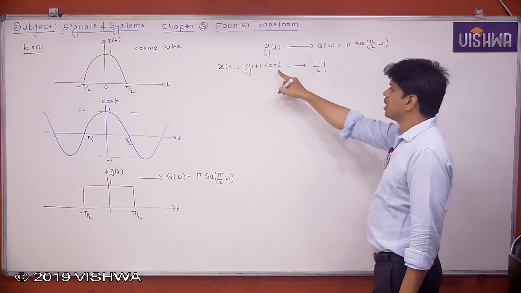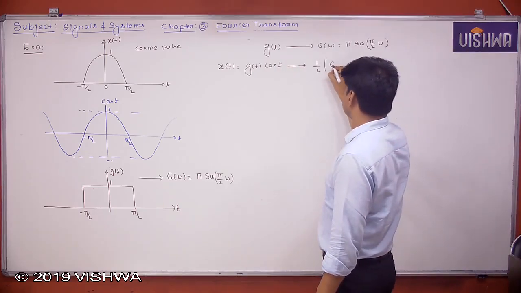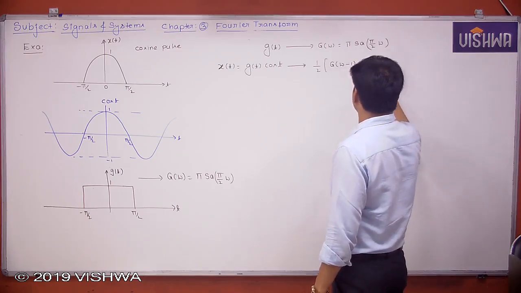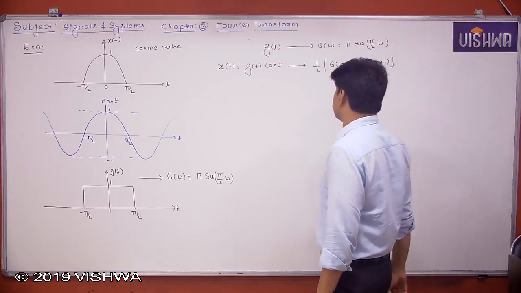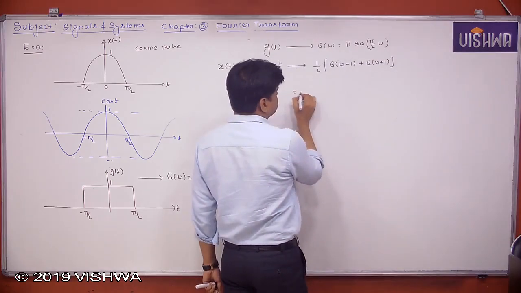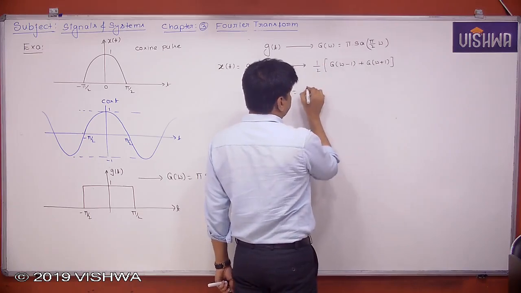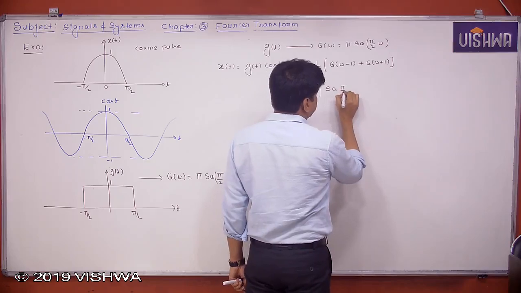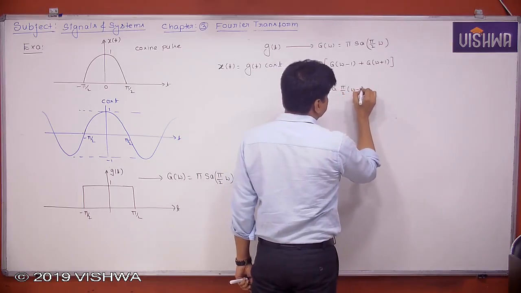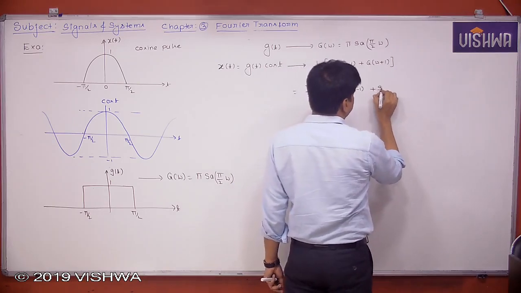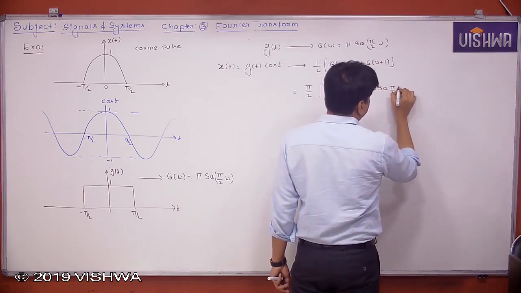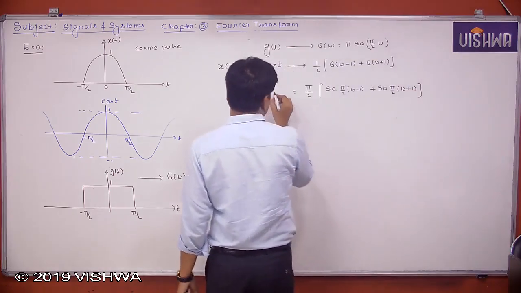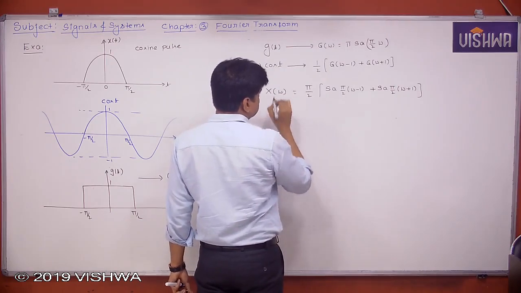Here omega naught is 1, so we get g of omega minus 1 plus g of omega plus 1. Taking pi common, pi by 2 sampling of pi by 2 into omega minus 1 plus sampling of pi by 2 into omega plus 1. So this is the Fourier transform x of omega.